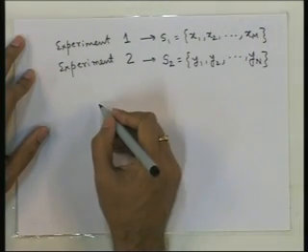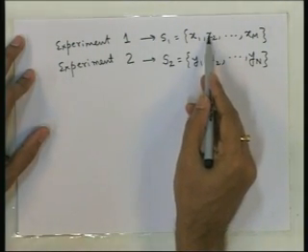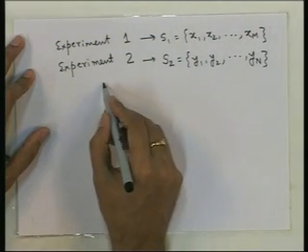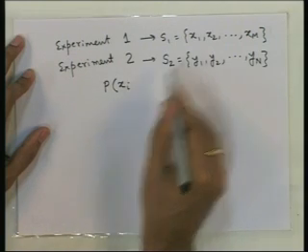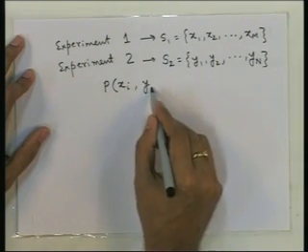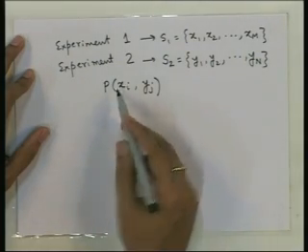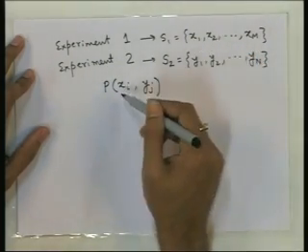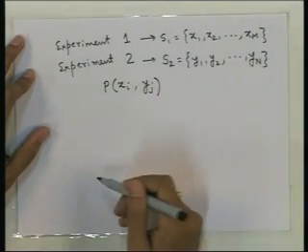Then, if we take any one element from here and one element from here, what is the probability of that? That is, take xi from here and take yj from here. Then what is the probability that the outcome of the first experiment will be xi and the outcome of the second experiment will be yj?